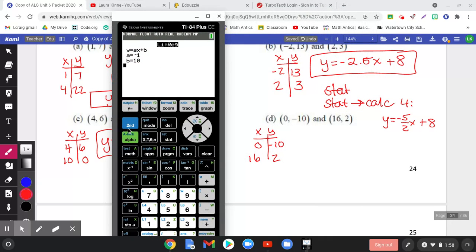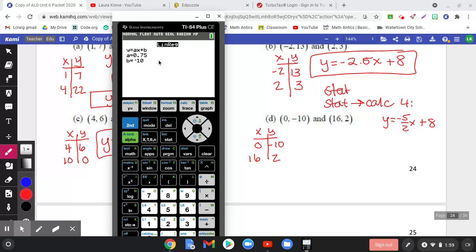All right, last one. So stat again, enter. I just like to do up, clear, down, but you can do what you want. All right, 0, 16 for my x's. For my y's, we have negative 10 and 2. Go to stat, go to calc, choice 4, hit enter a few times.